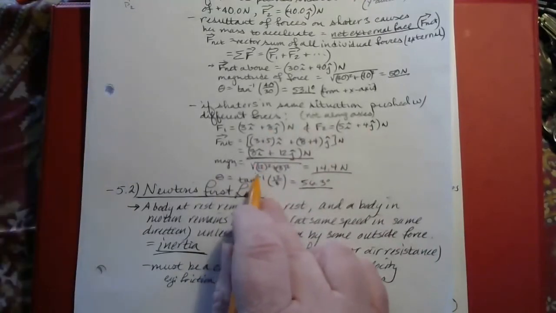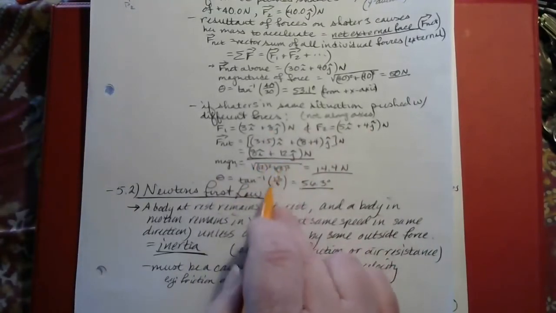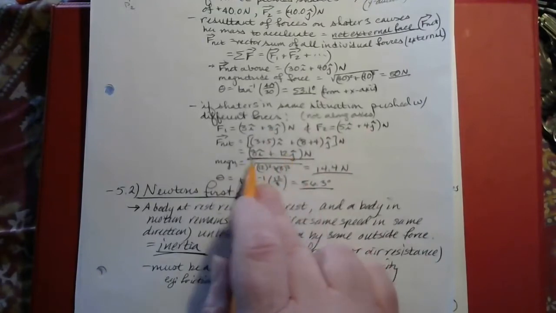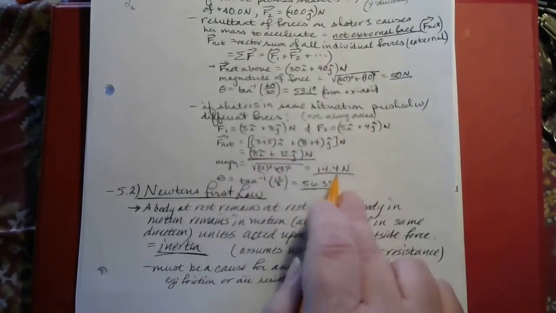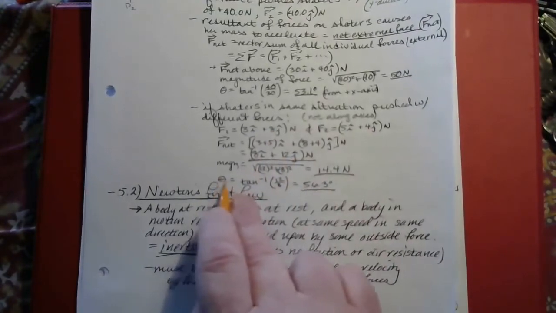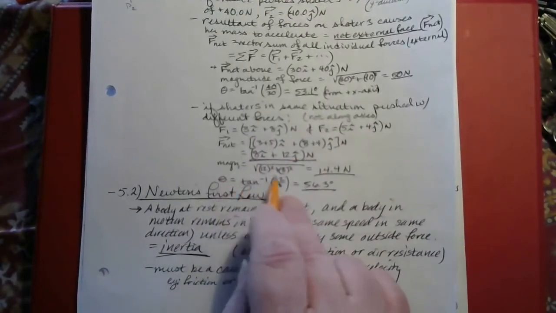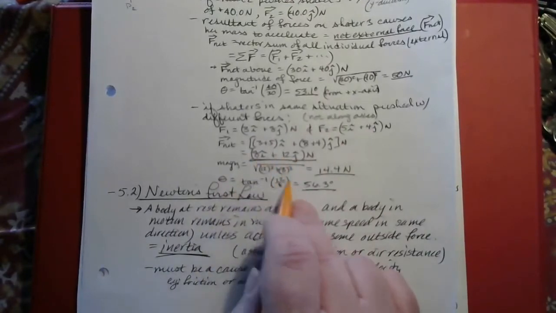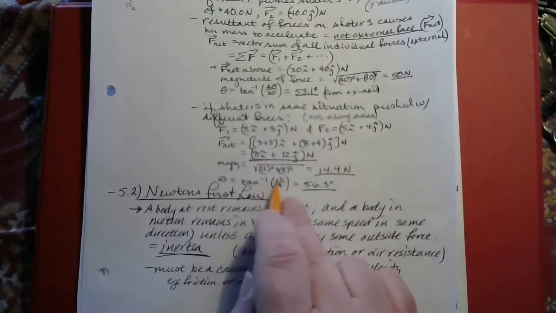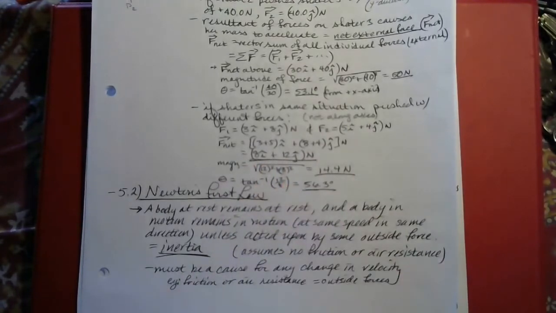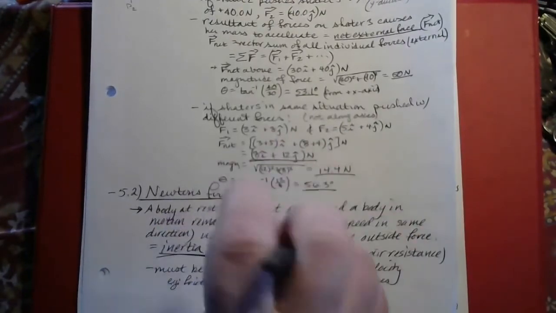And the magnitude would be 8 squared plus 12 squared, take the square root, that's 14.4 newtons. And the direction would be inverse tangent of the y term over the x term. So that's inverse tangent of 12 over 8, that's 56.3 degrees. Okay, so that's not too difficult.